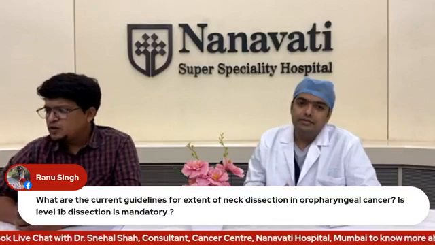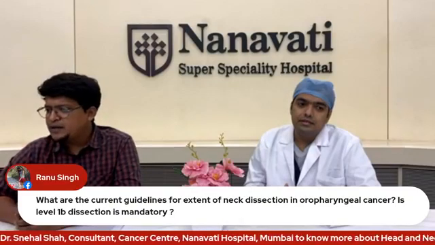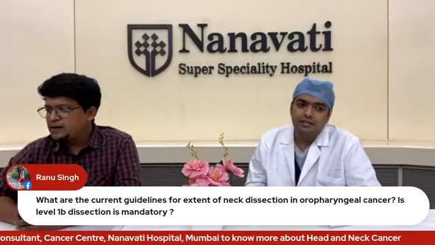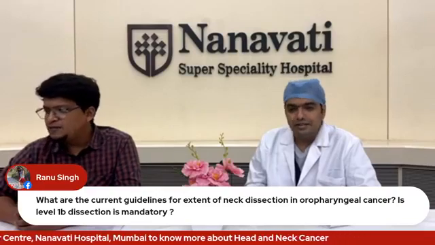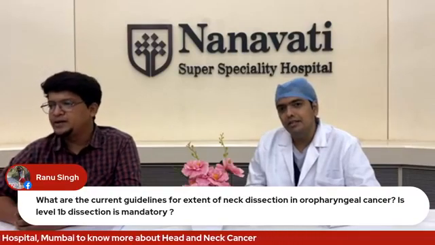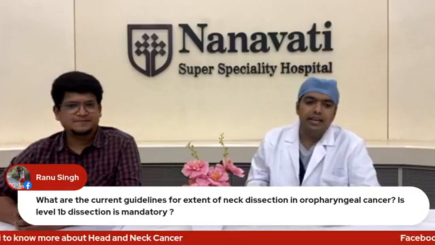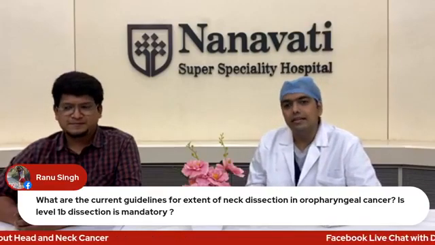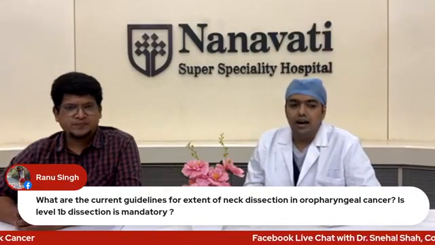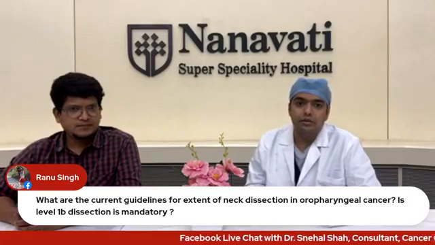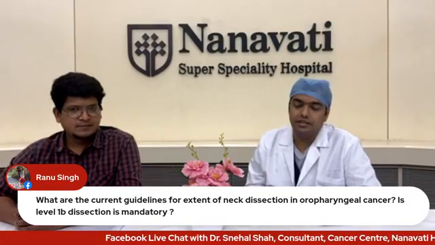Renu Singh is asking, what are the current guidelines for extent of neck dissection in oropharyngeal cancer? Is level 1B dissection mandatory? I would say if it is a tonsillar cancer, you would undergo a comprehensive neck dissection.